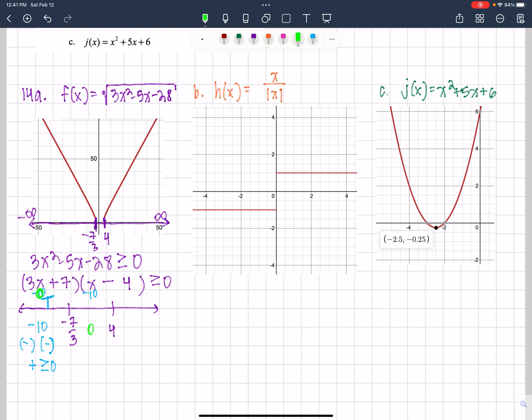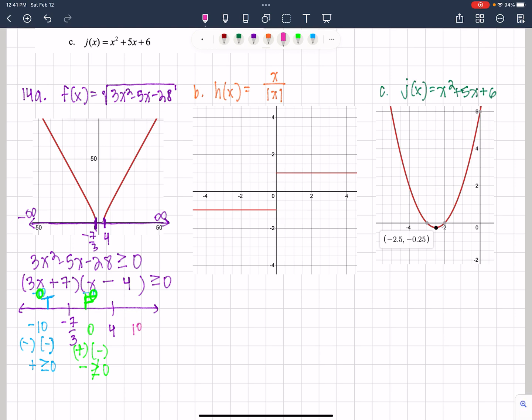If I put a 0 in here, I get a negative, and a negative is not greater than or equal to 0. So that's going to give us a false interval right there. And then we have our last interval to try.